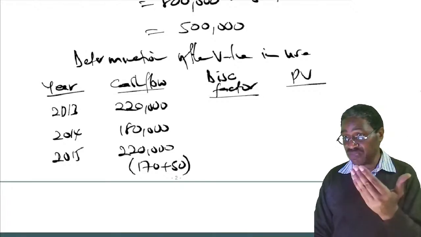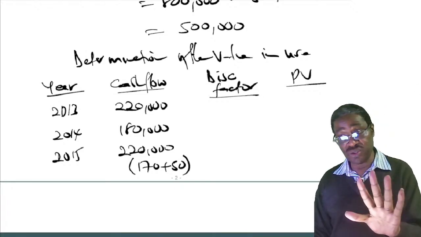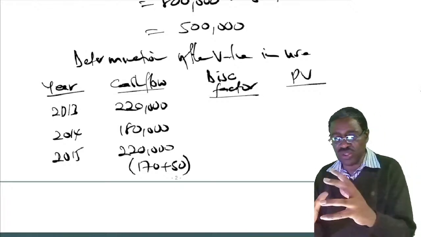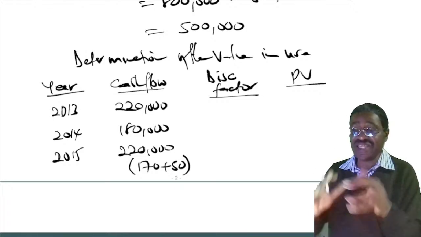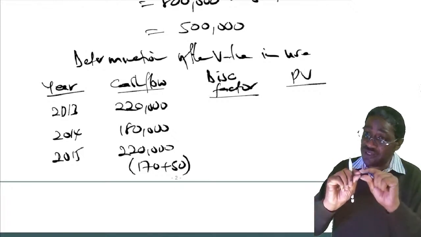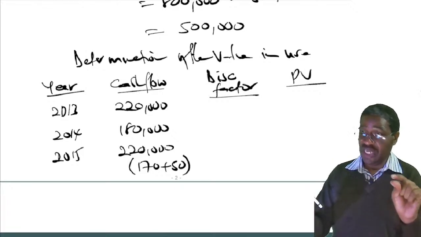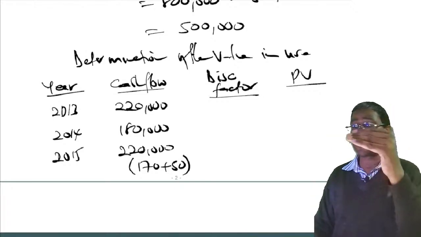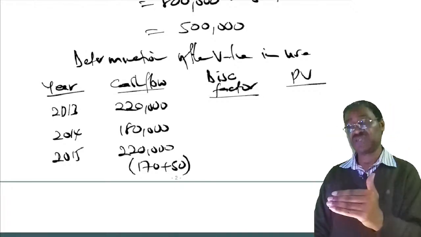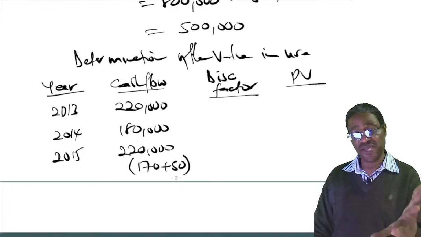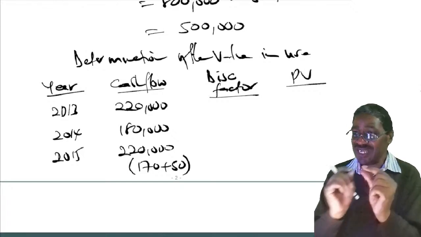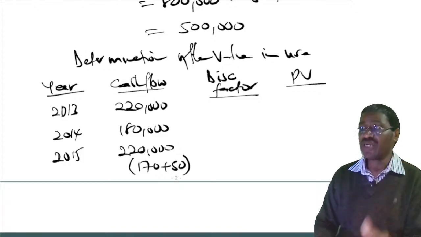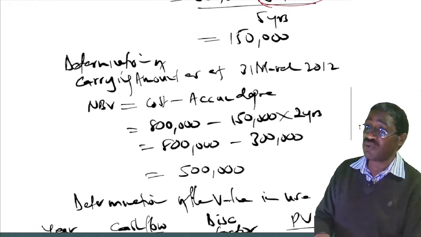In some of your past paper questions, they only give you the cash flows that are expected, and you just discount them. But in this question, there is that small component that the examiner also wanted you to remember, that there is another component of the cash flow that should be discounted.